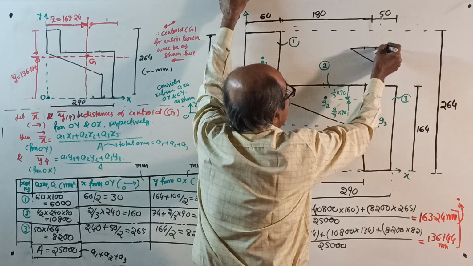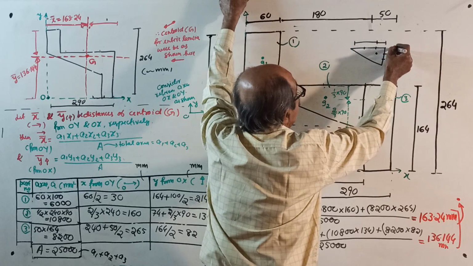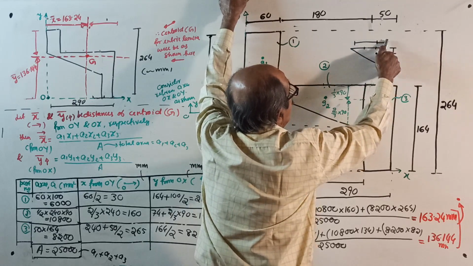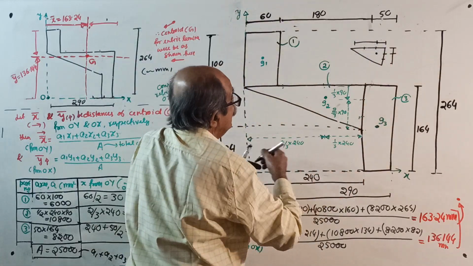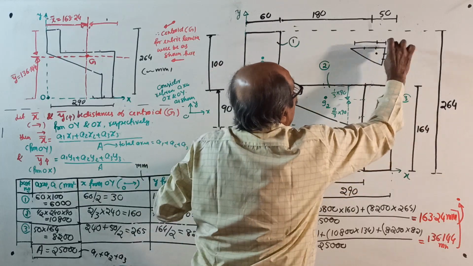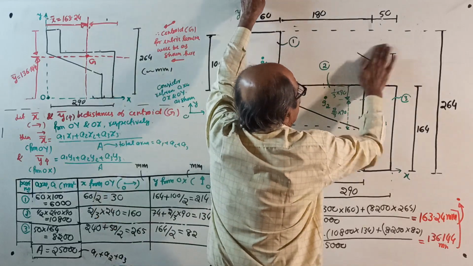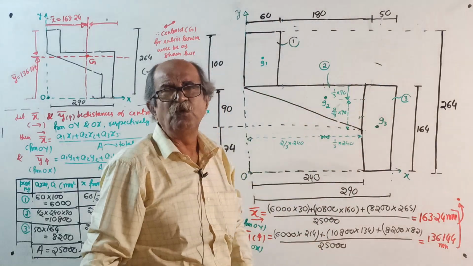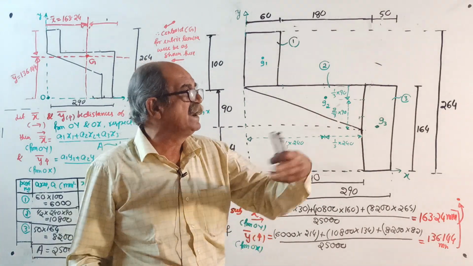Centroid is here: 1 by 3 and 2 by 3 of 240, 1 by 3 and 2 by 3 of 90. This has been explained many times so far. If you don't follow now, don't study from me; study from a better person.